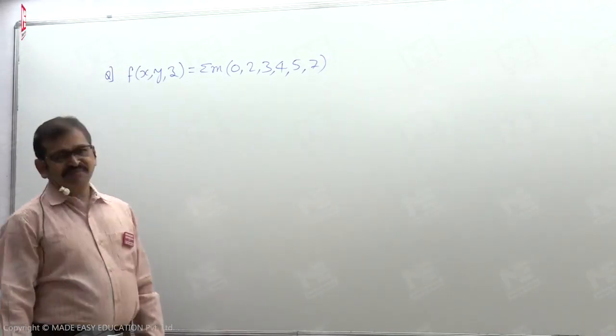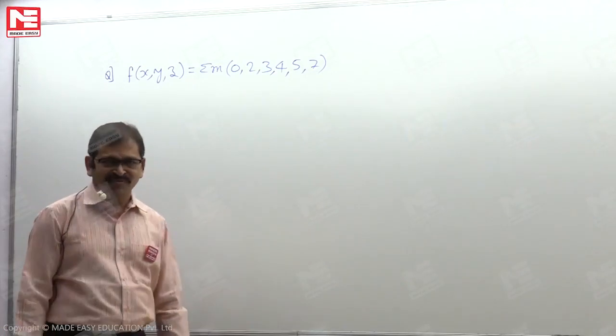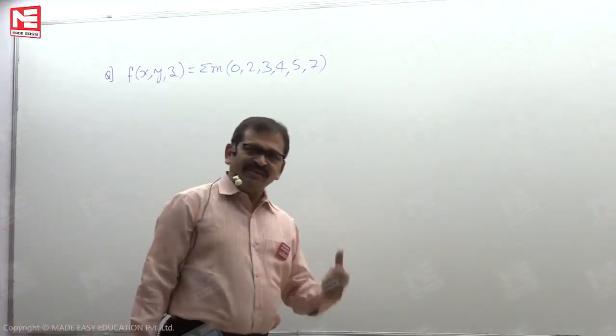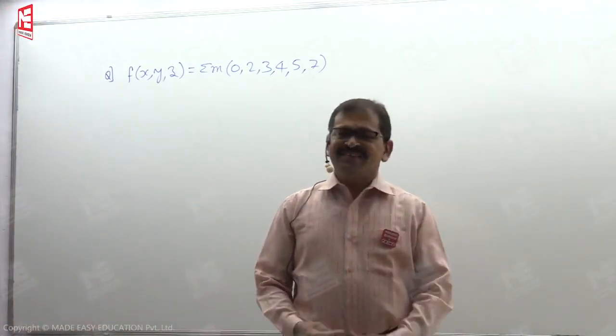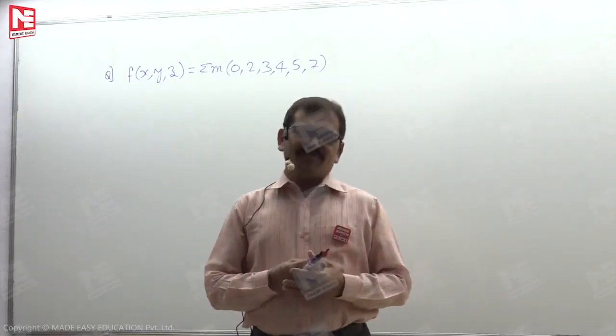So the function is available in the compact canonical SOP form. To simplify the function using properties, we need to read the function in the expanded canonical SOP form.